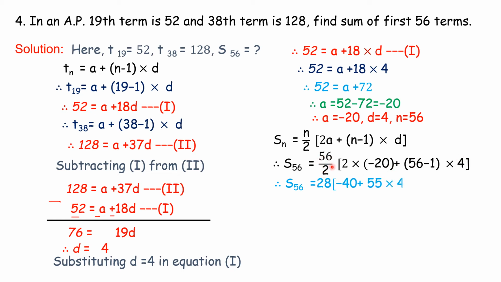Here 56 upon 2, that is 28. 2 into minus 20 is minus 40, plus 55 into 4. 28 as it is, minus 40 plus 220.